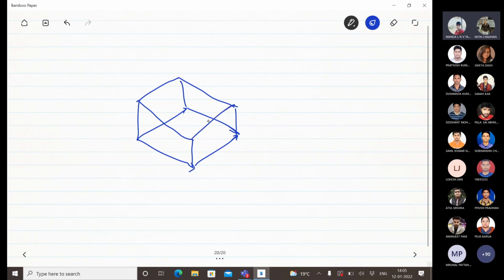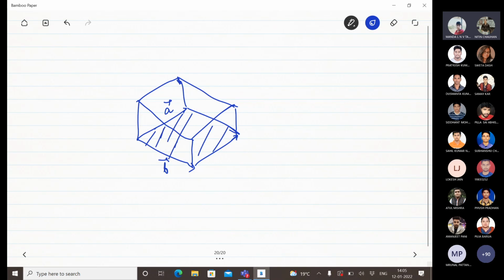Okay, so let's say you have this particular kind of shape, basically a cube formed by parallelograms. If you want to find out the volume of this, how can you find it? You can start by taking the cross product between, let's say, this is your A and this is your B. By taking the cross product, you can find the bottom area.